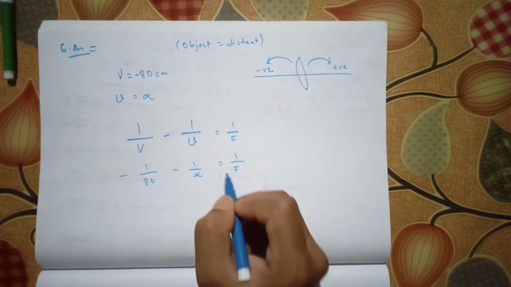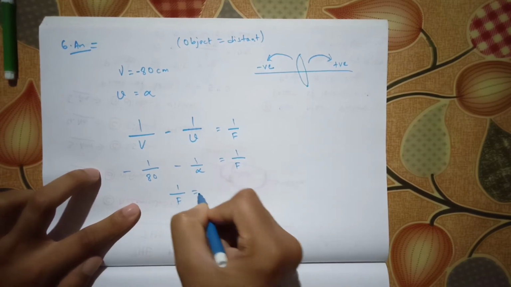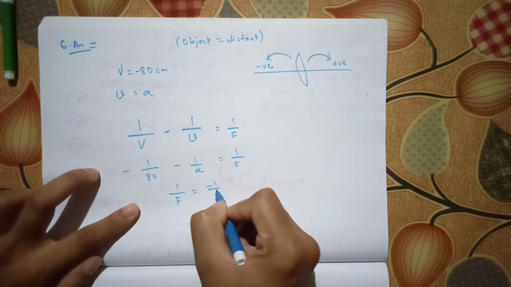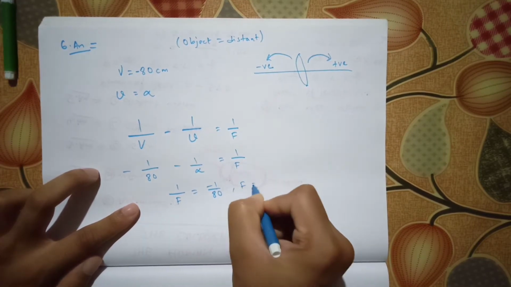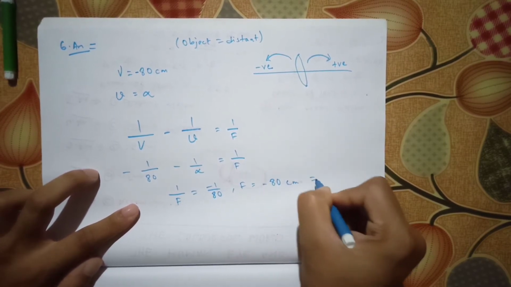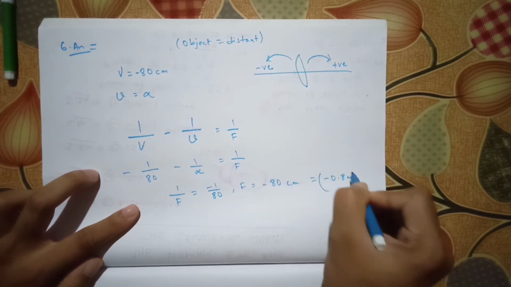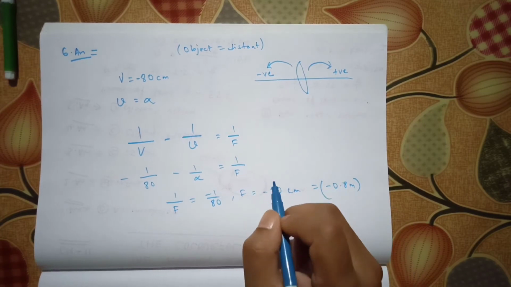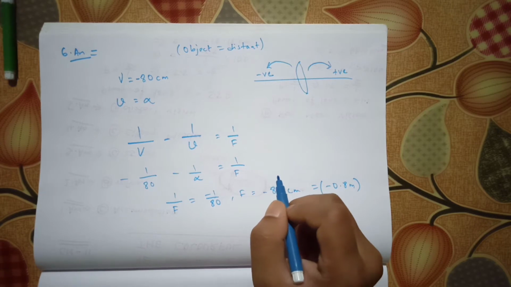So now 1 by f is equal to minus 1 by 80, which gives f is equal to minus 80 centimeter, which is equal to minus 0.8 meter. We have converted this into meter. Now we have also been asked about the power of the lens required.